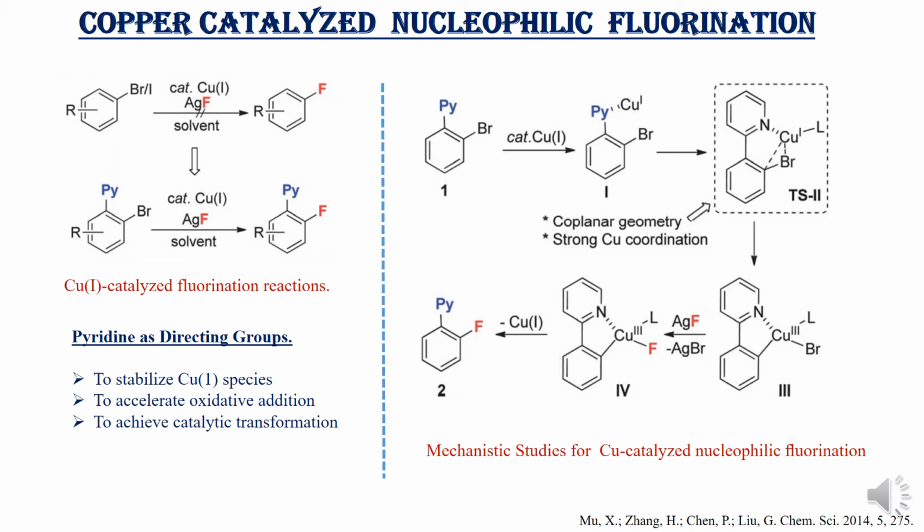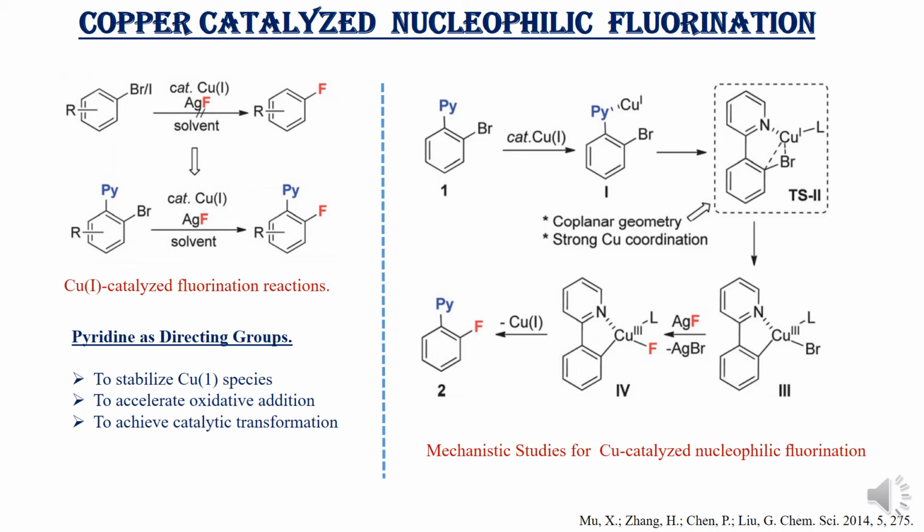The pyridine was used here as a directing group, and these are some of the advantages for the introduction of pyridine, which were listed here. This is the mechanistic study which was done for this process.